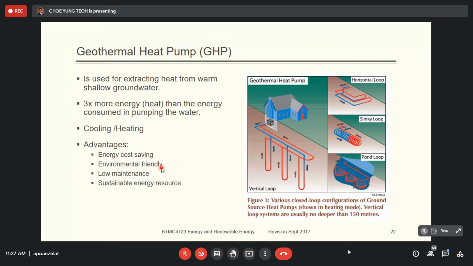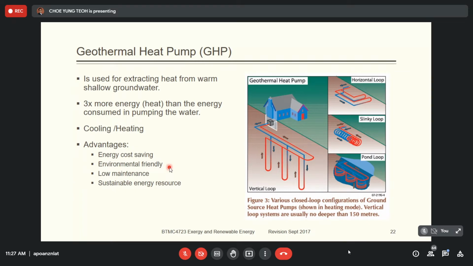This system is energy cost saving. You just use 30% of the energy to pump the water, but you get much more heat energy. Secondly, it's environmentally friendly. There is no combustion, and you use less electricity, so it is good for the environment.